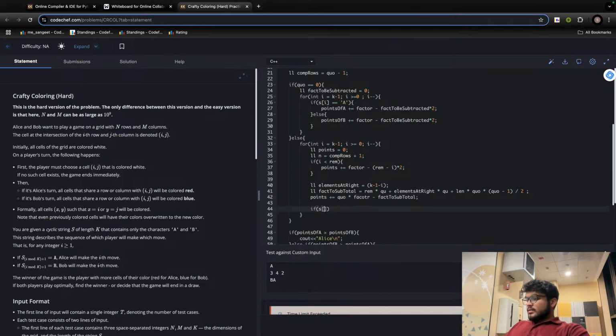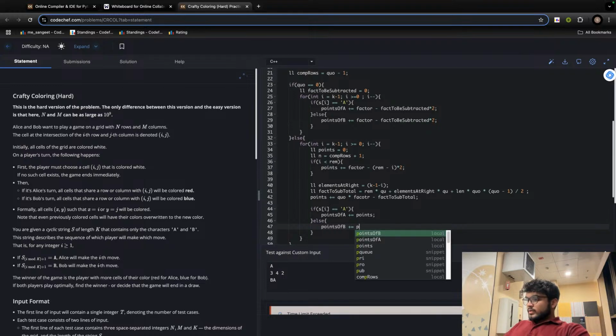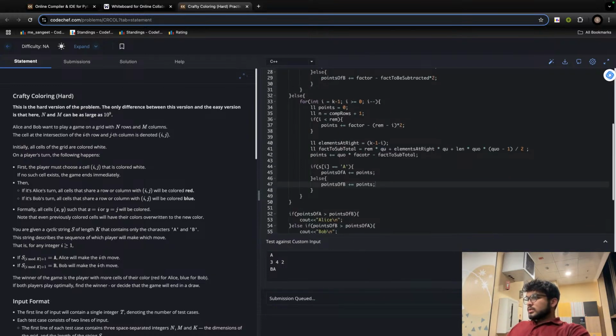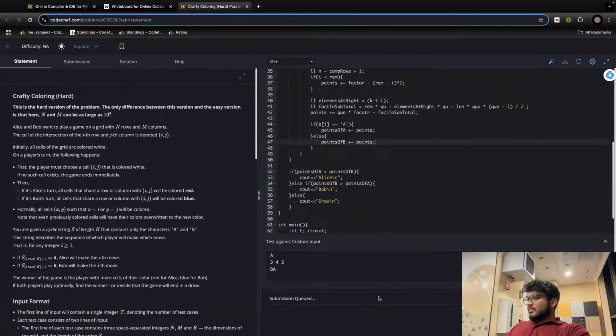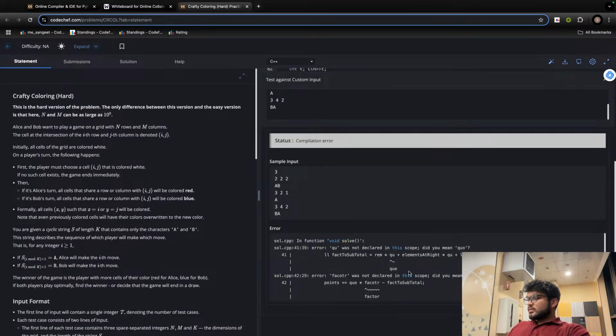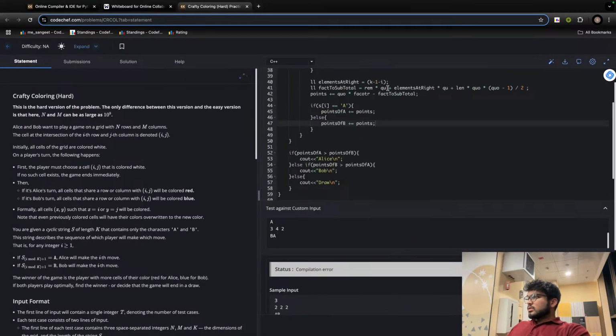Now if s of I equals a, then points of a plus equals points, else points of b plus equals points. Okay, so this is a very complex code. I'm almost sure that this will not work in one go.